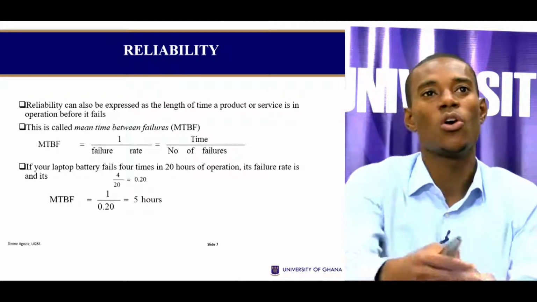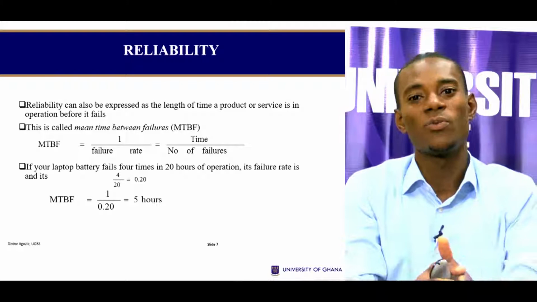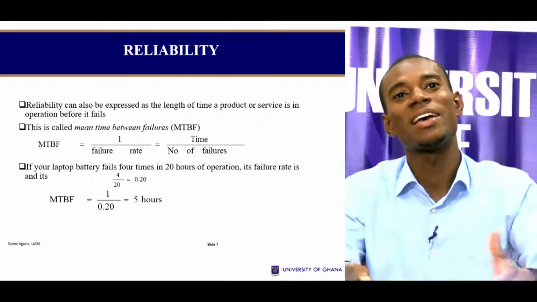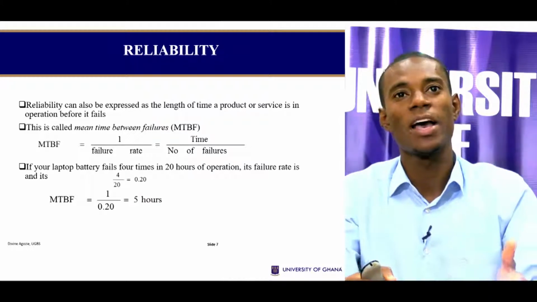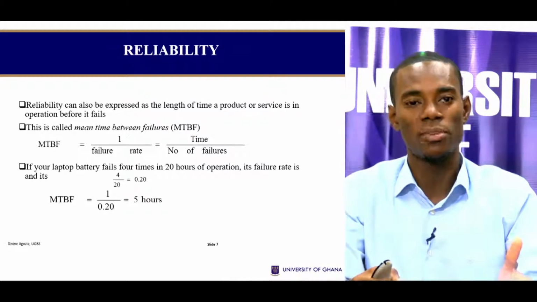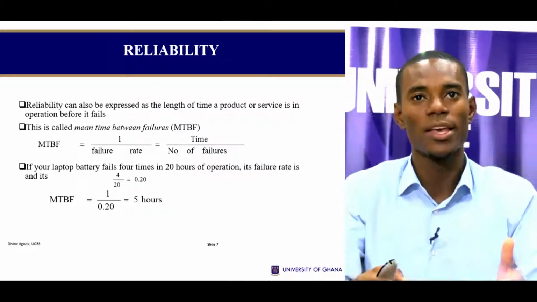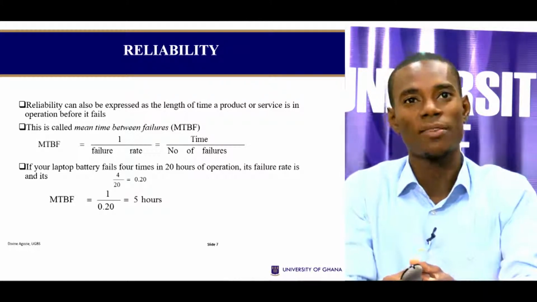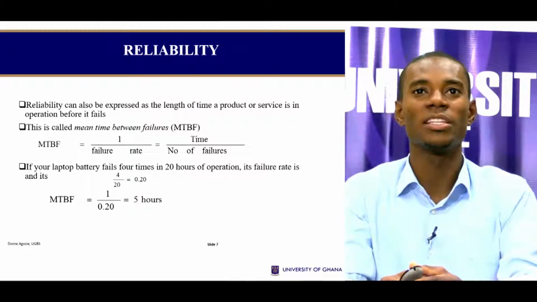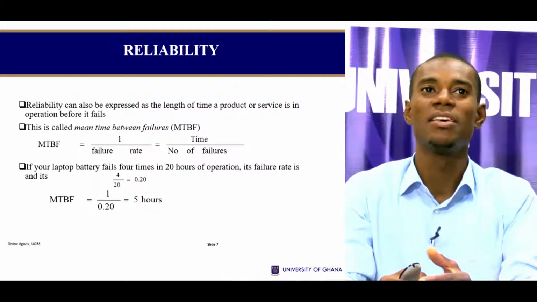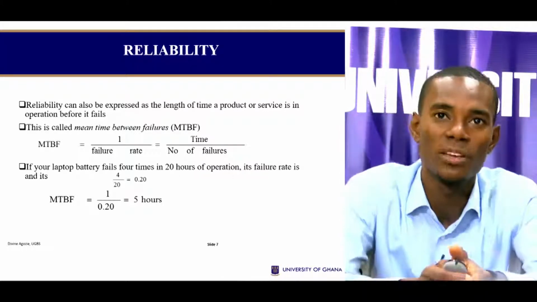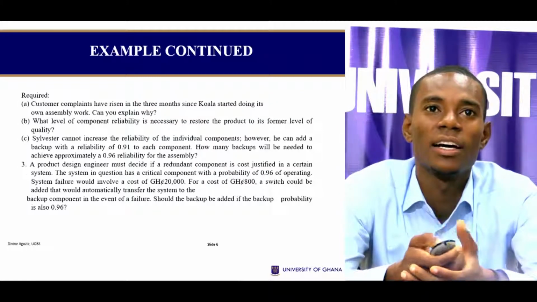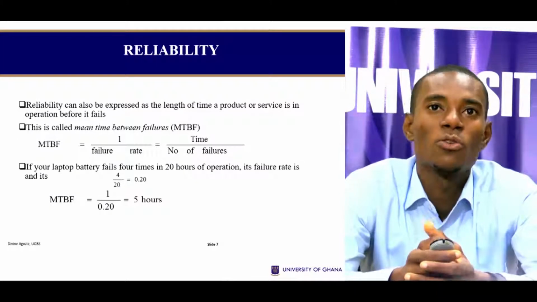When I put all these different times that it worked before I had to repair it together and find the average of it, I refer to that as my mean time before failure. But we can also see it as 1 over the failure rate.